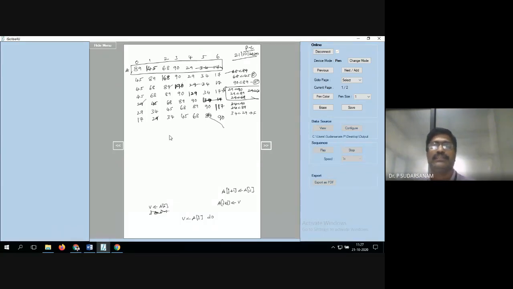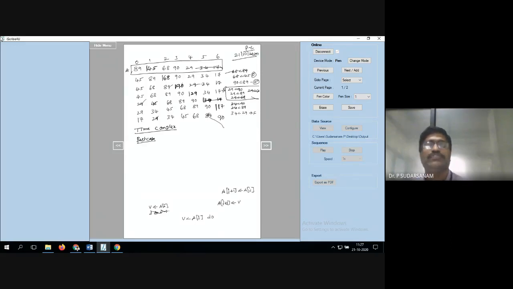Right. Write the time complexity analysis here. So the best case.